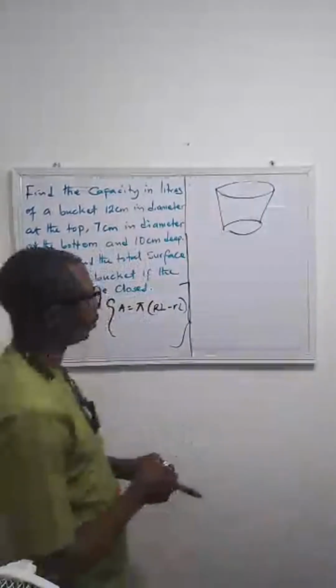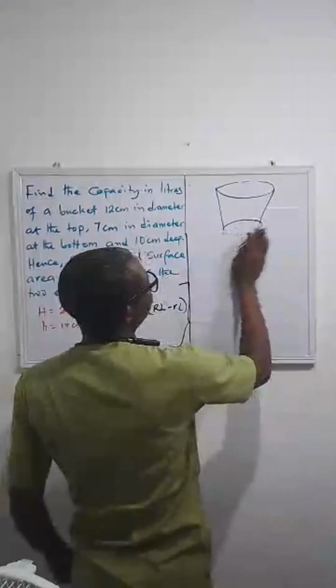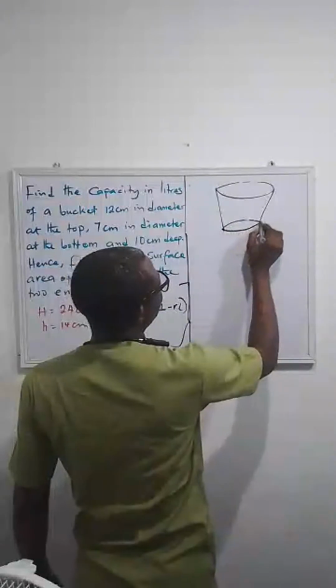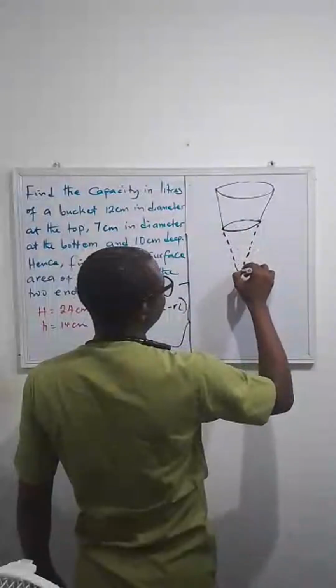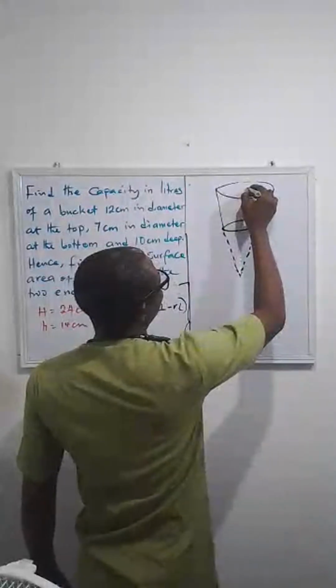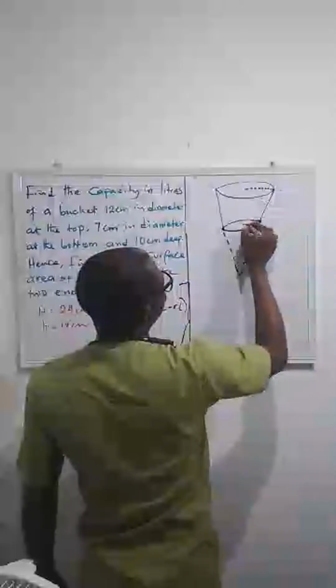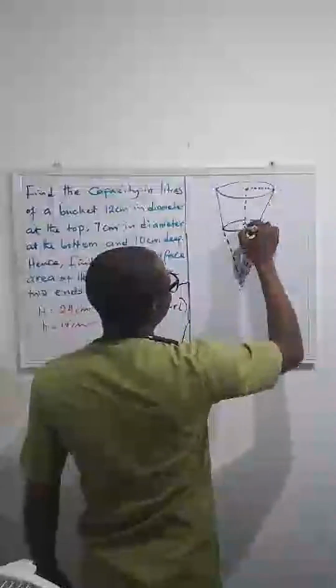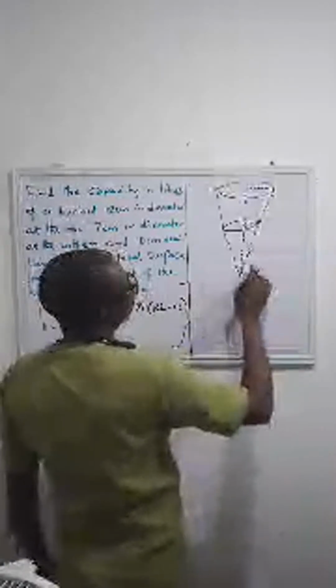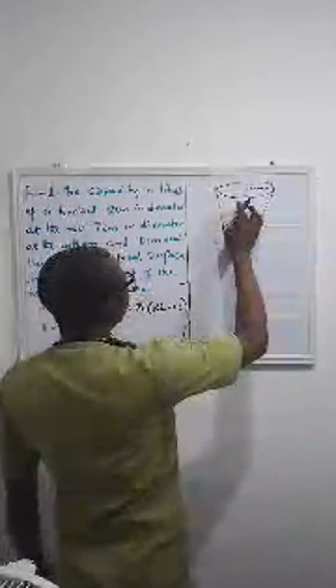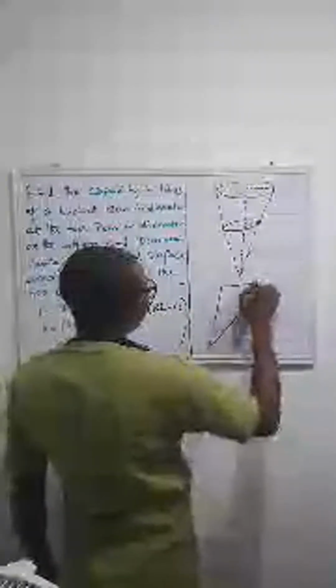So don't forget, we have to complete this. To get that, let's complete this. So complete it, bring it down to this. Okay, we want to get the slant length here. So now here, we already know this place. Let's bring down the triangle here. We have this.